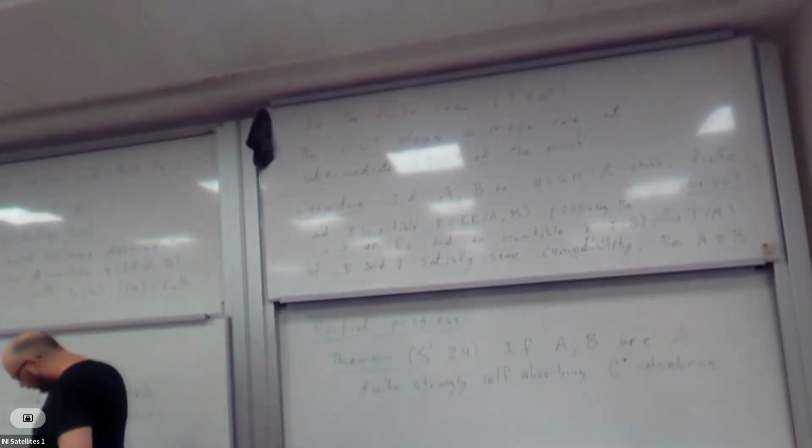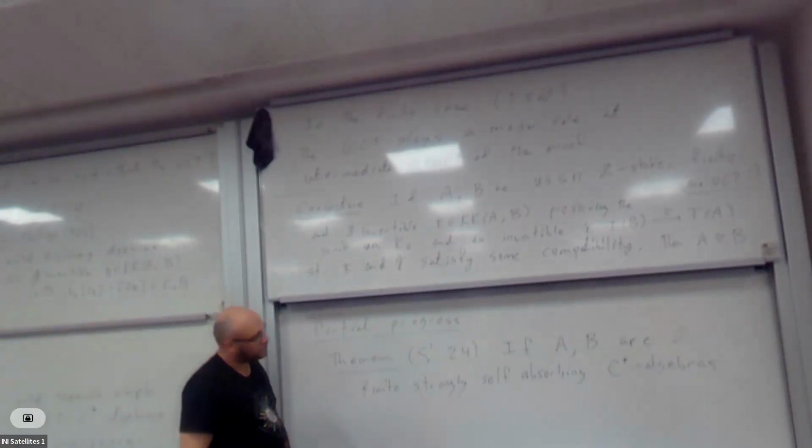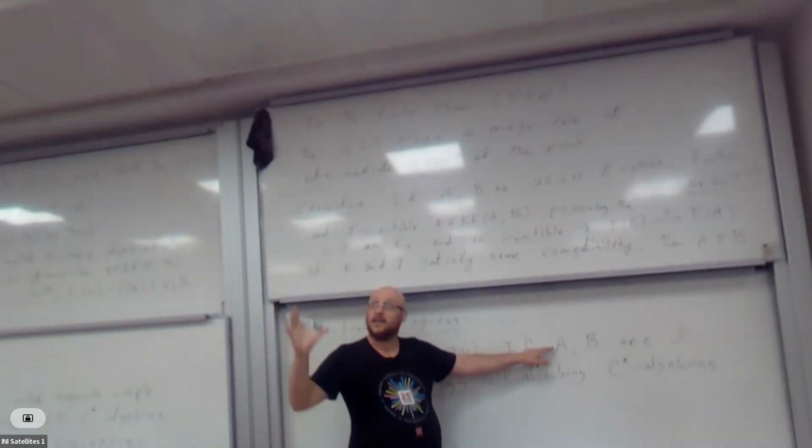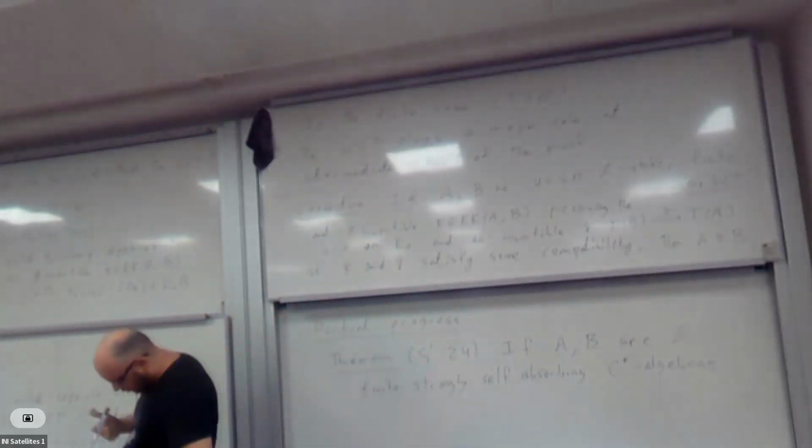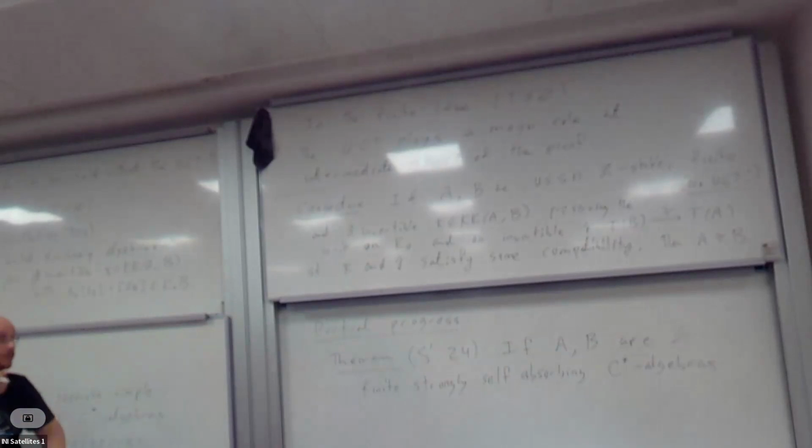A C-star algebra is self-absorbing if A tensor A is A, absorbing itself under tensor product. And then the strong condition is that the isomorphism between A and A tensor A is approximately unitarily equivalent to just embedding into the first factor. These turn out to form a very rigid class of C-star algebras, introduced by Toms and Winter, by the way.